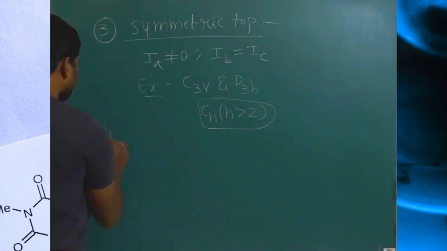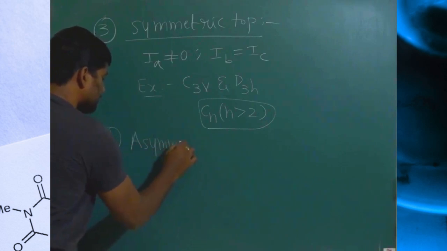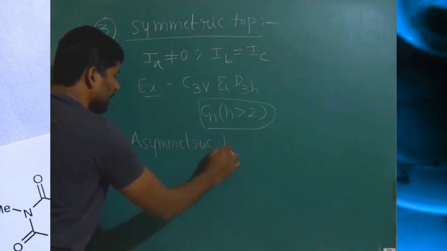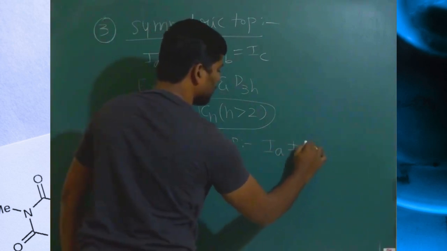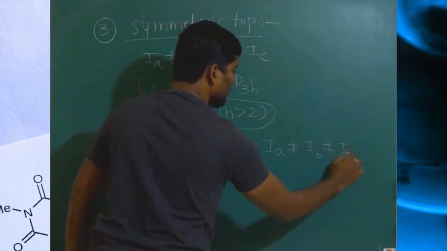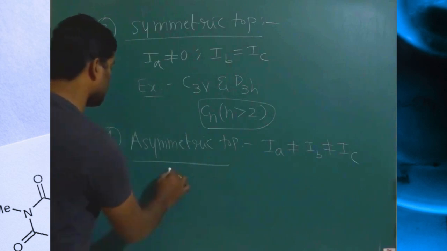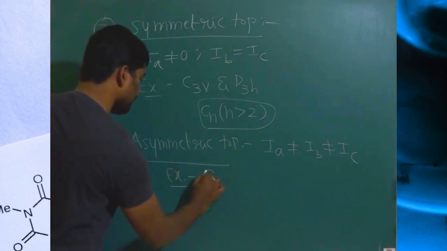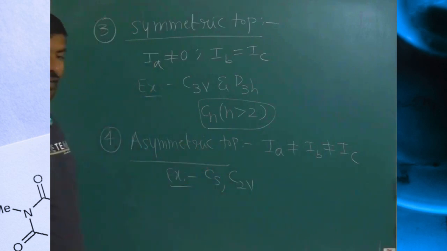And the last one, asymmetric top molecules. If the moment of inertia is not the same in all the directions, IA is not equal to IB is not equal to IC, then that is called an asymmetric top molecule. The molecules generally belonging to the CS point group and C2V point group come under asymmetric top molecules.